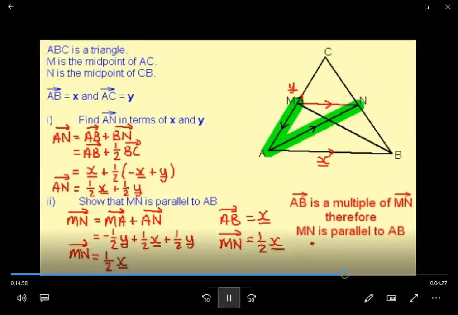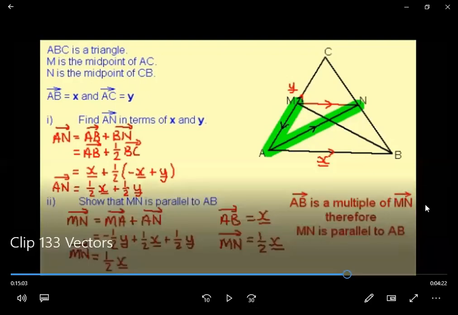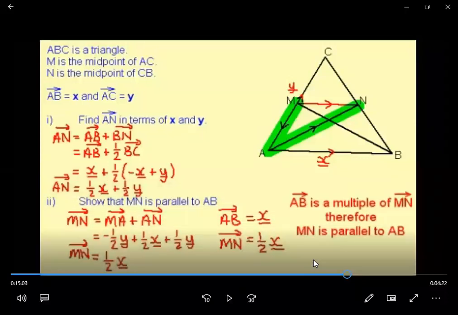So I now have that the line MN is parallel to the line AB. This is the proof. If two vectors are parallel, then one must be a multiple of the other, or a factor of the other.